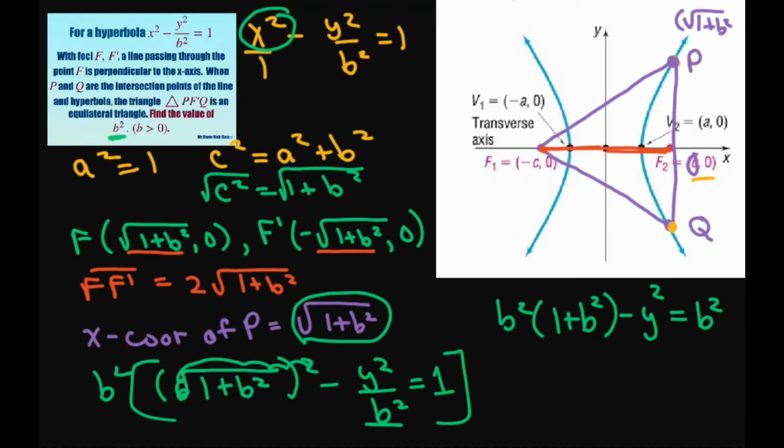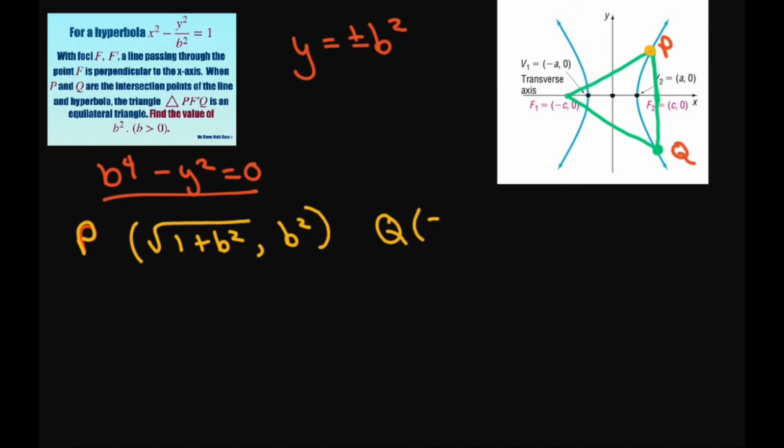Because I'm multiplying this b squared also times 1. Now I'm going to simplify this, and that gives me b to the power of 4 minus y squared equals 0. So y equals plus or minus b squared when you solve for y.